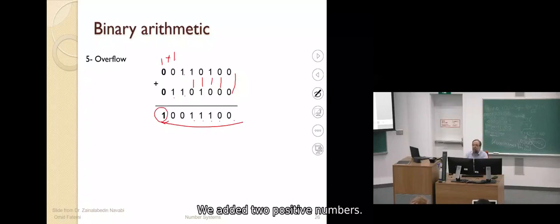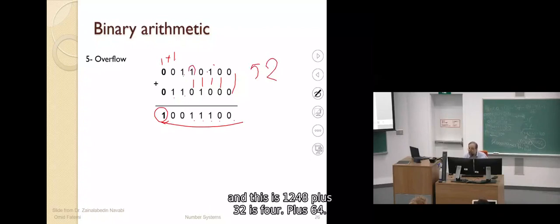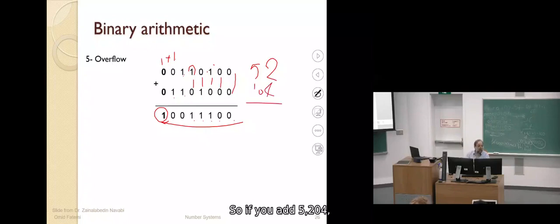We added 2 positive numbers. If you make it decimal, I will show you. 4 plus 16, 20 plus 32. This is 52. And this is 1, 2, 4, 8 plus 32 is 40 plus 64. This is 104. So if you add 52 plus 104, you should get a positive number.